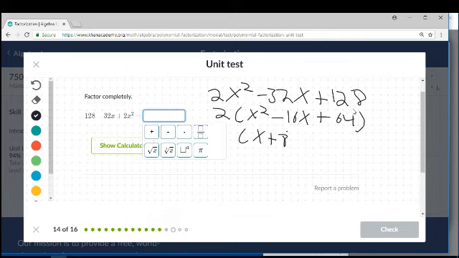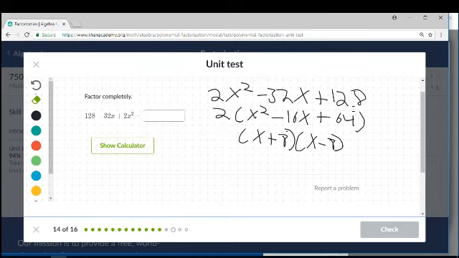All right, now factor x squared minus 16x plus 64. x plus 8, x minus 8 won't work. So are there two terms that add to negative 16?